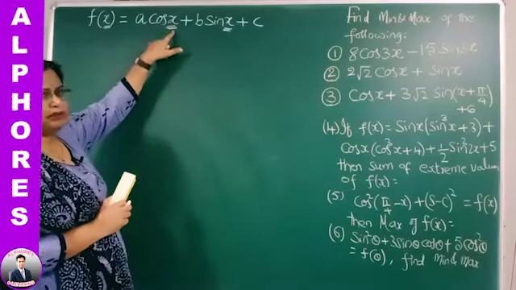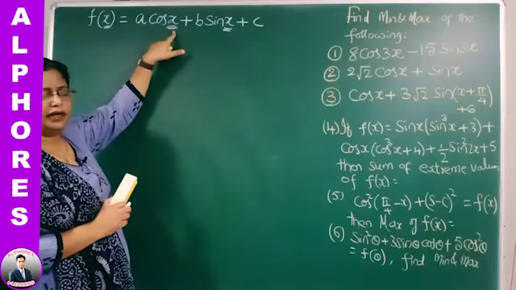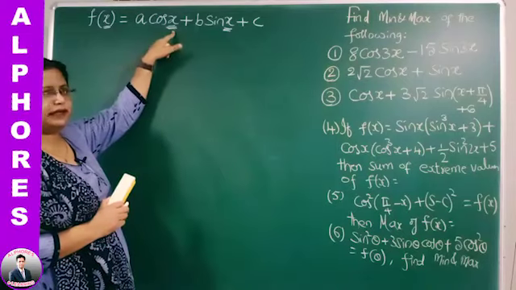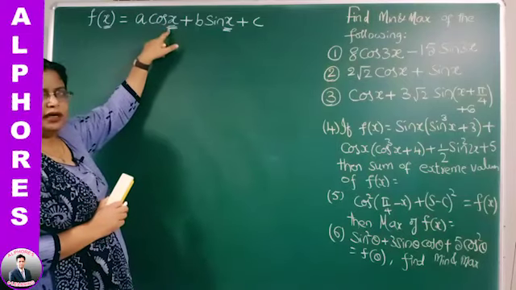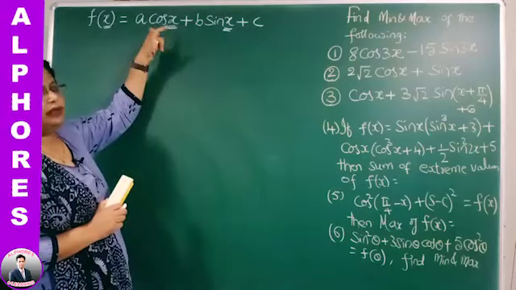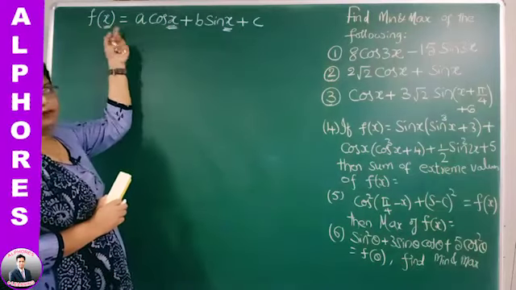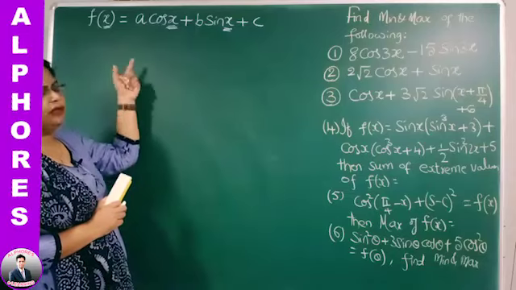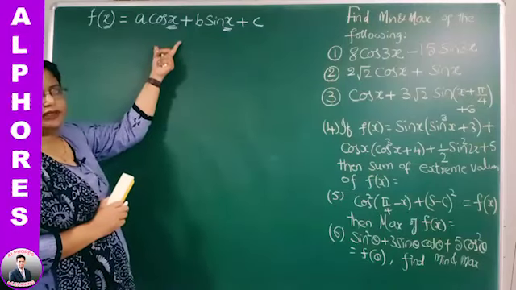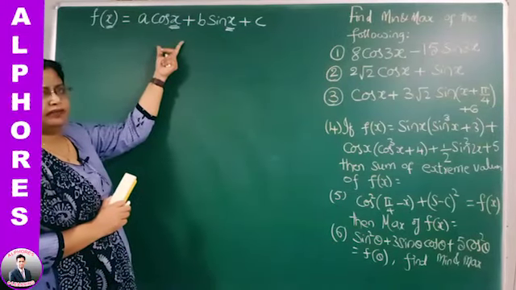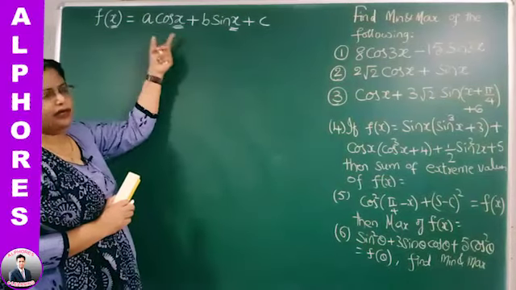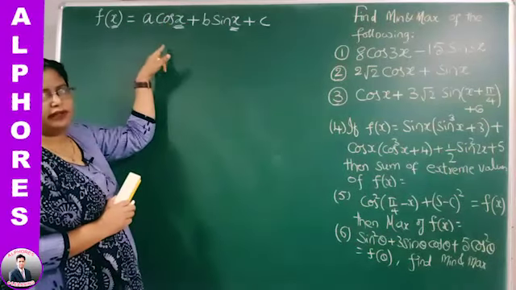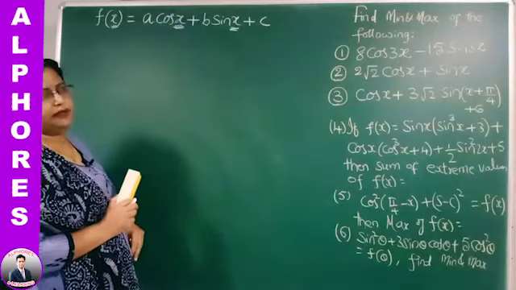You can substitute x as 1 degree, half degree, or π/3, π/6 etc. That means if you substitute all real numbers, we get f of 1, f of 2, or f of 1/2 degree, f of π/6 etc. Among all of them, what is the least and what is the greatest? That is our interest now, keeping a, b, c fixed. The only variable is x.